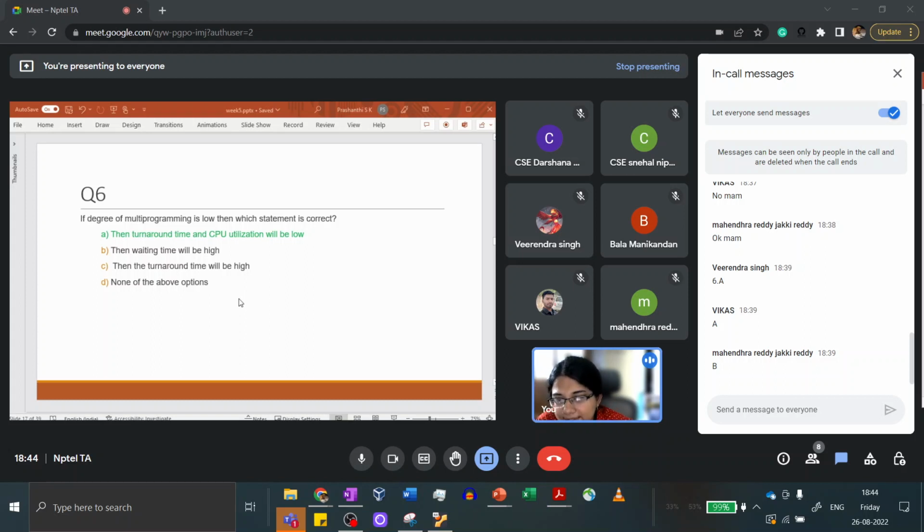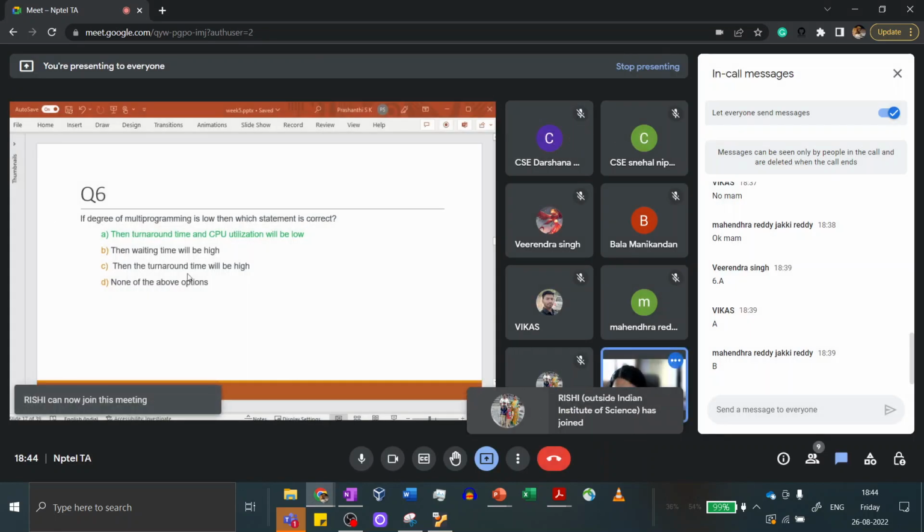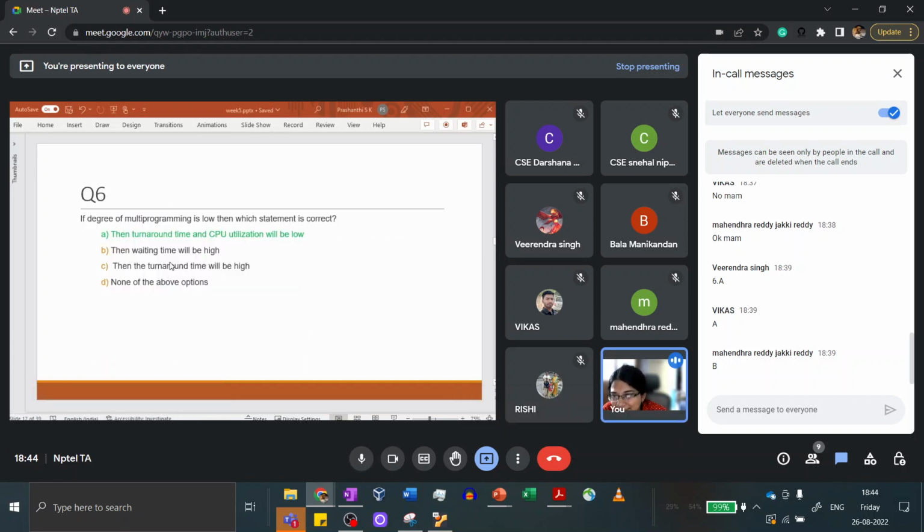You have all these queues and multiple processes being present in them. If you have very few, then your waiting time will be low and the turnaround time will be low, both of these will be low. So that's what makes option A the right answer.